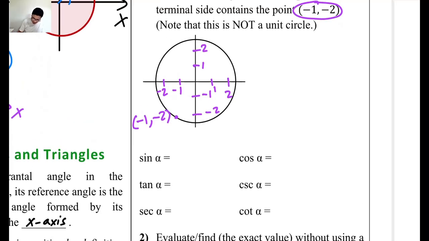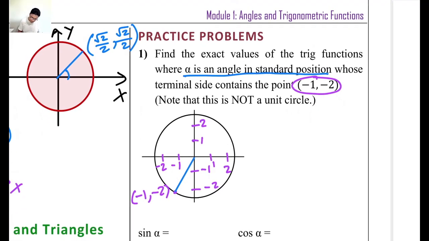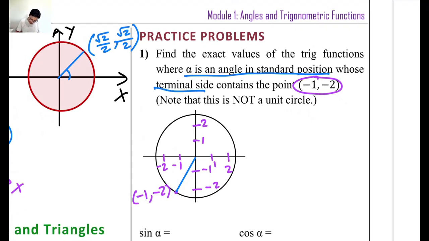To do that, let us first complete the triangle. Here is our triangle. And what is the angle alpha? In the standard position, whose terminal side is that. So in the standard position means we're talking about this angle here. This is the angle alpha.